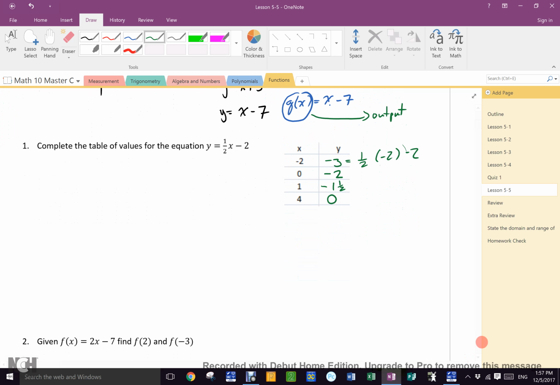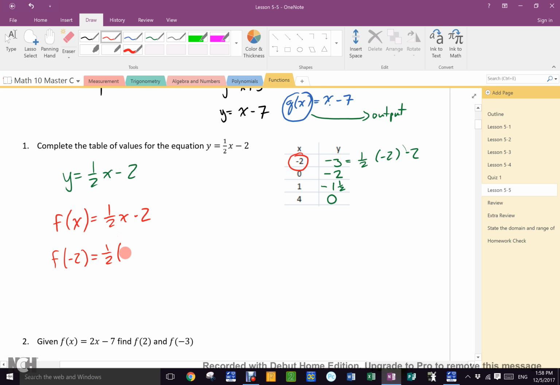Right? So instead of y equals 1/2 x minus 2, we change it to f of x equals 1/2 x minus 2. And now, what do you think I would write if I wanted to use the -2? It would be the f of what? -2, which equals 1/2, not x, but when it's an x there, it's an x there.